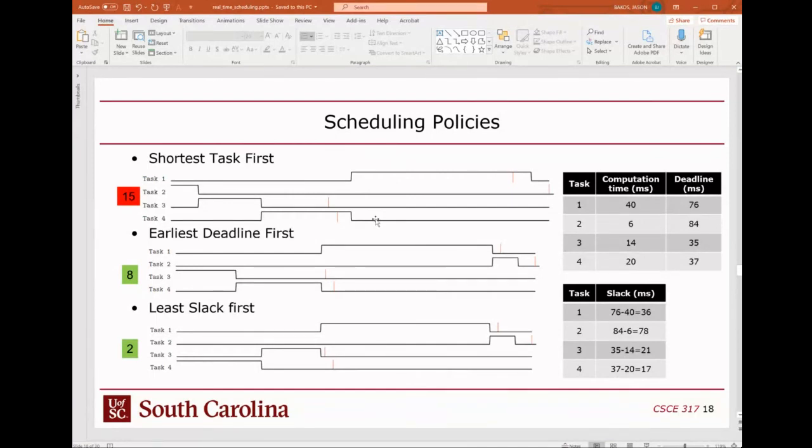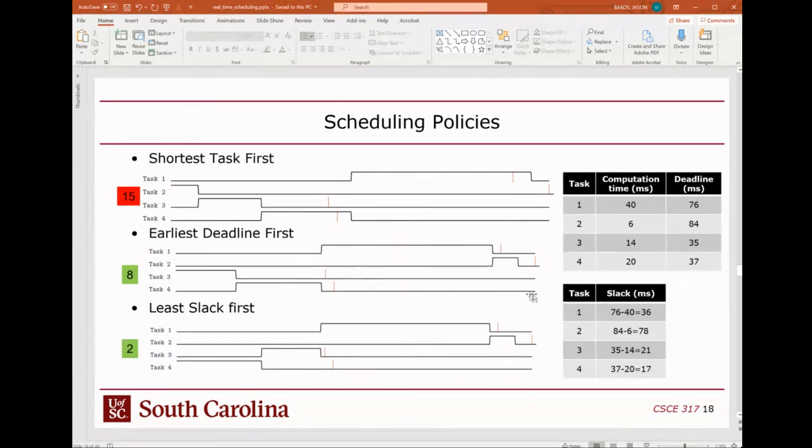In this case, task 2 is the shortest one in terms of execution time. It's only 6 milliseconds. So if we schedule that one first, then task 3, which is the next shortest, at 14 milliseconds, then task 4 at 20 milliseconds, and then task 1 at 40 milliseconds, you can see that actually didn't work because task 1 missed its deadline. Actually, task 4 missed its deadline too. So we have 2 tasks that miss their deadlines.